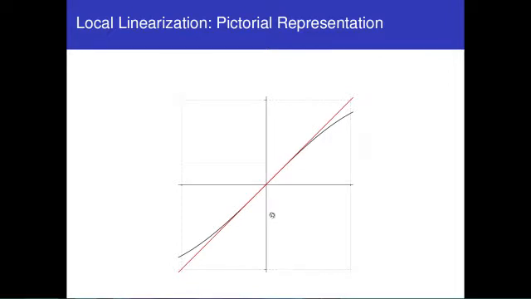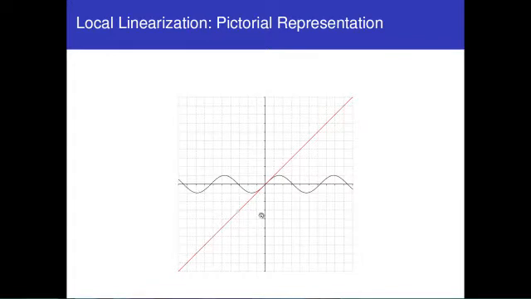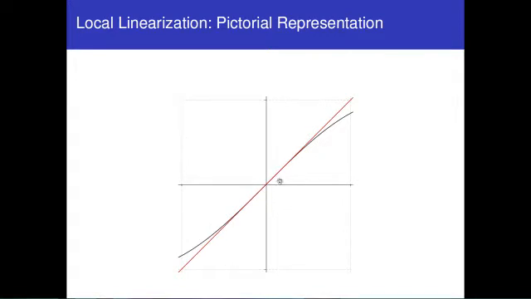So we can use a line to estimate the behavior of a function in a very local sense. Once again, this view is not local at all. It's a very global view, but as I get closer locally, I can see that the function is behaving like a line.